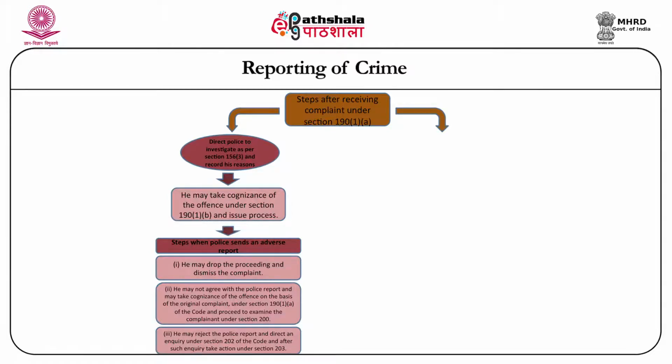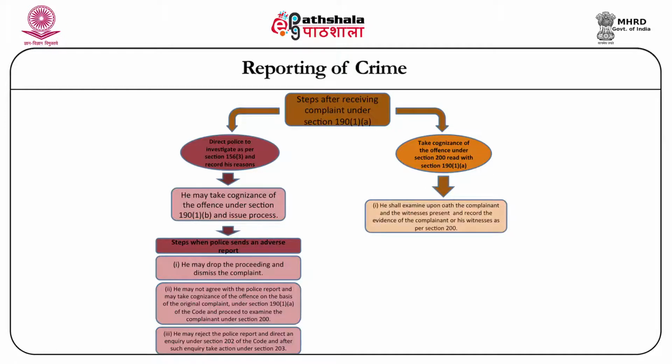On the other hand, where the magistrate takes cognizance of the offence under section 200 read with section 190 1 A of the code, he has the following recourses. First, he shall examine on oath the complainant and witnesses present and record the statement and evidence of the complainant and witnesses as per section 200 of the code.